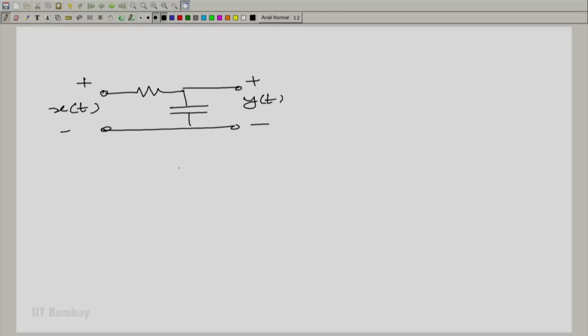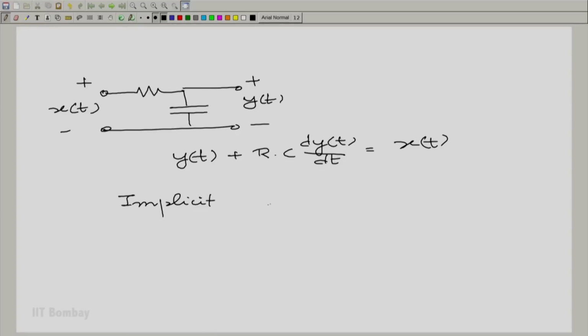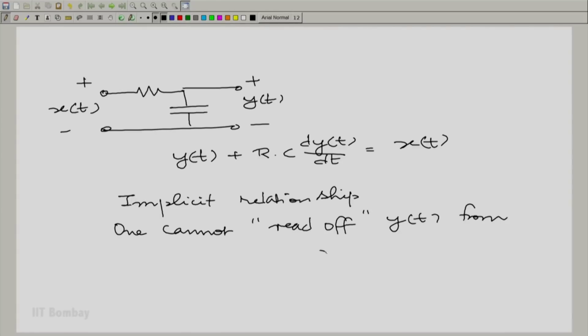And we saw that the output is related to the input in the following way: y(t) plus R times C dy/dt is the input. Now here, this is an implicit relation between the input and the output. And in fact, many relationships are like this, they are implicit. One cannot read off, so to speak, y(t) from x(t).